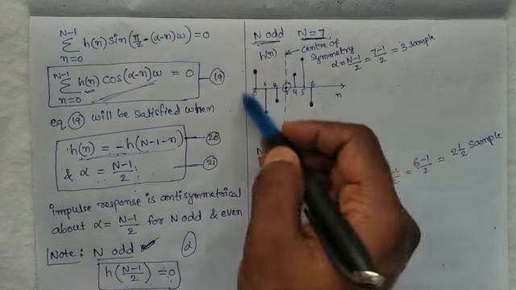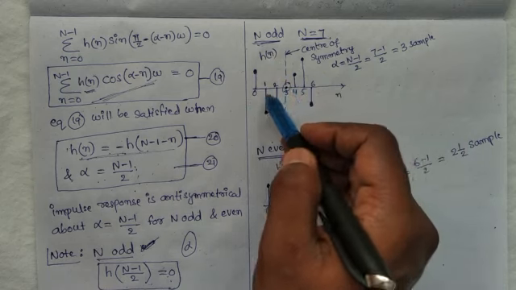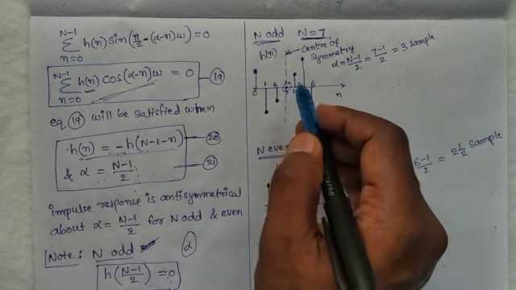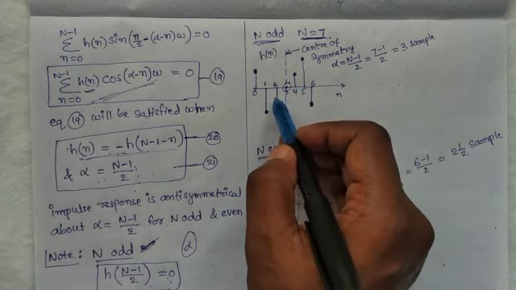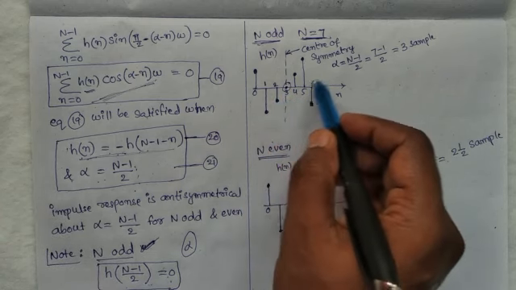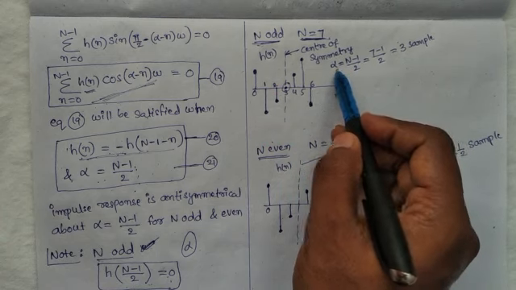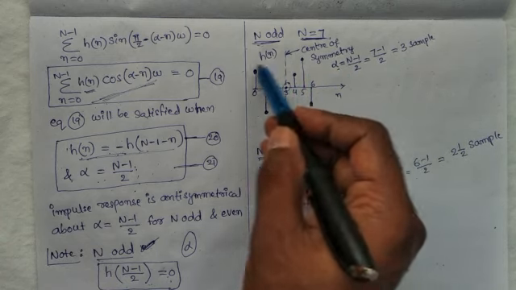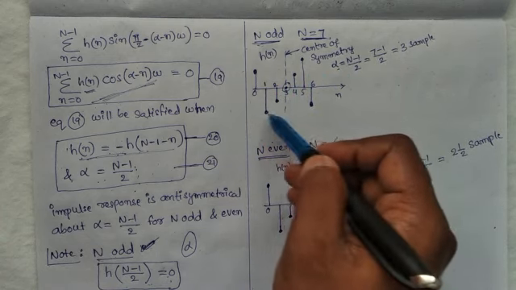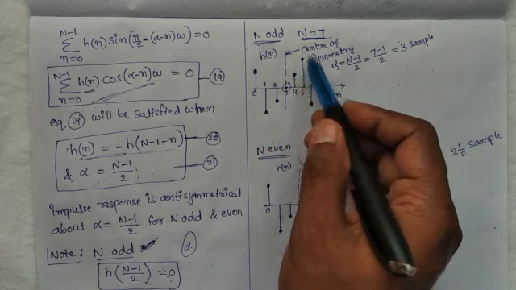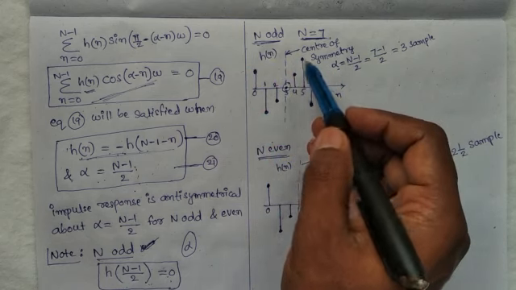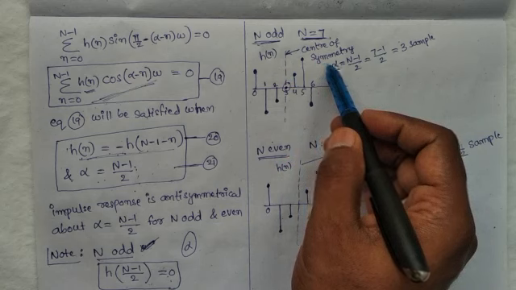This impulse response is anti-symmetrical, not symmetrical, about what? Alpha. What is the center of the symmetry for this case? For capital N equal to 7, the center of the symmetry is alpha.